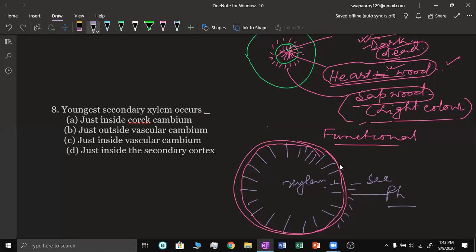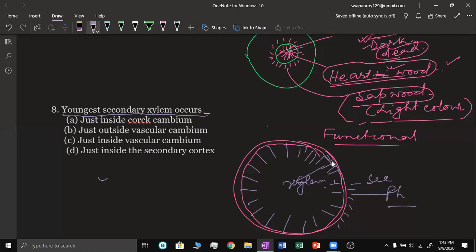So it is new xylem tissue, youngest secondary xylem tissue, they will be near to the vascular cambium, and those which are away from the vascular cambium are older and older.